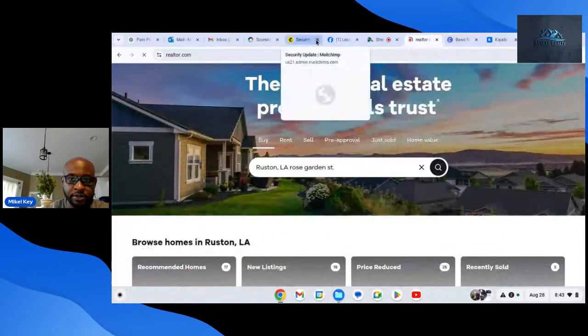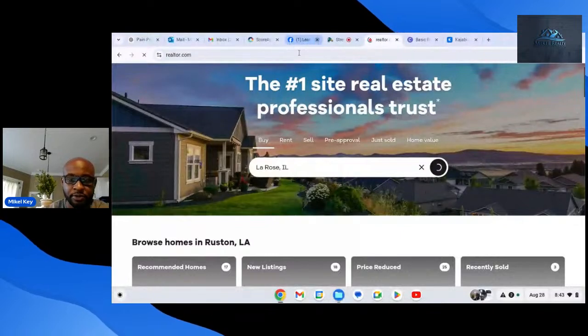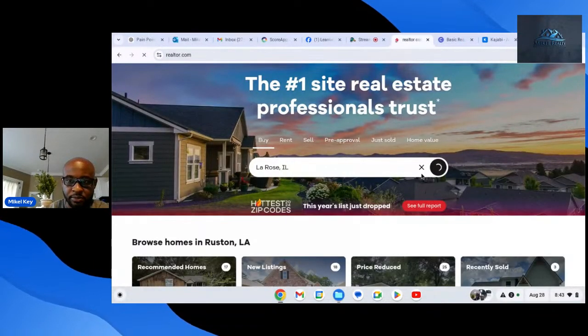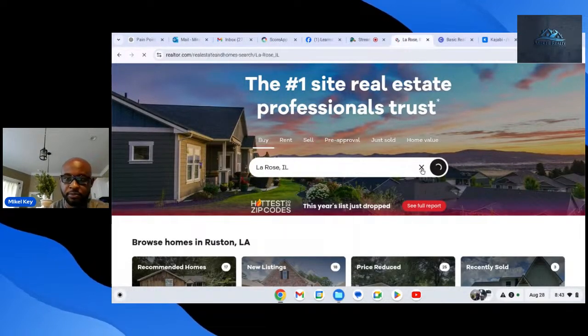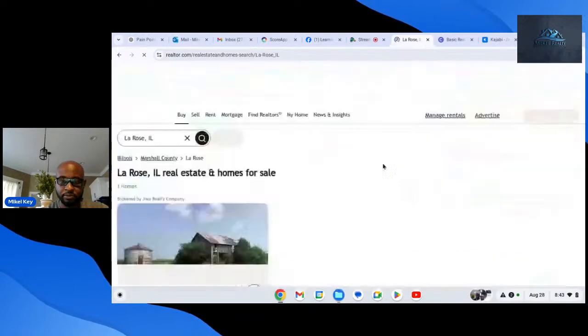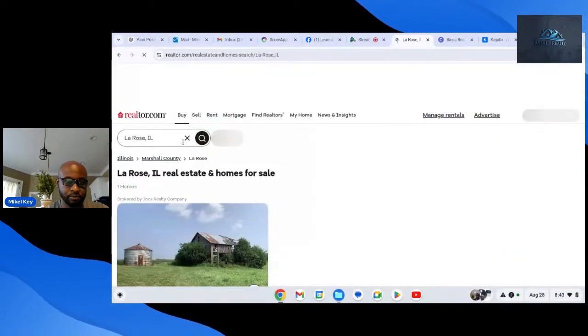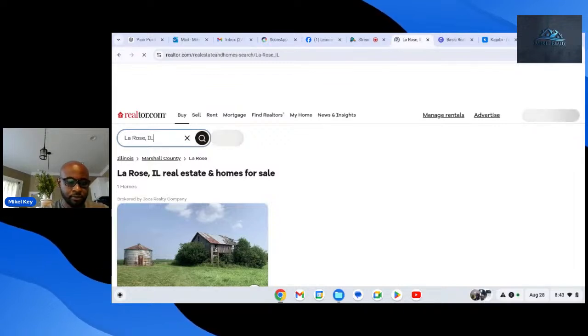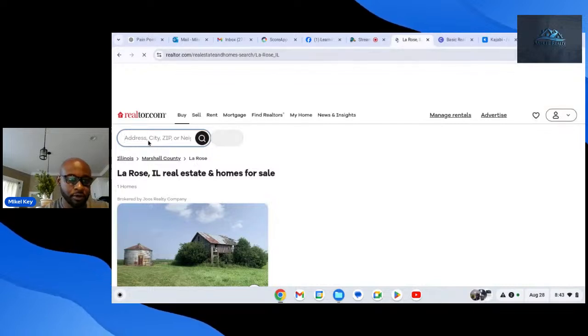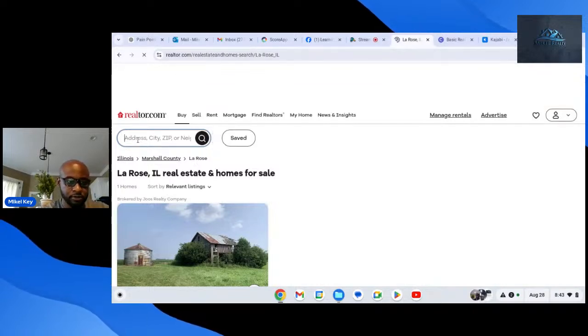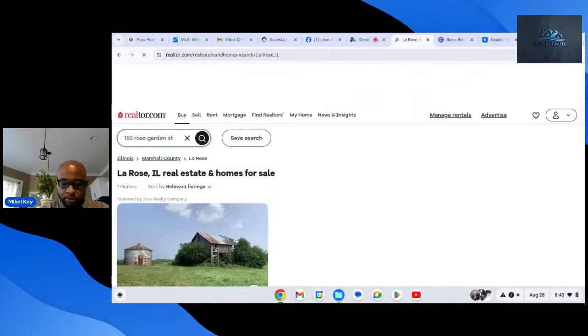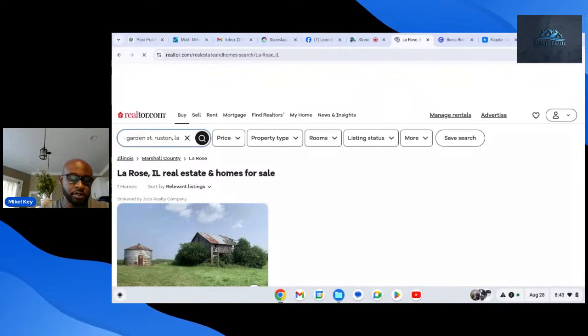We're going to make this extremely simple. Okay, that's not what we want. Let's go to, hold up. I'll pick an address, 53 Rose Garden Street, Ruston, Louisiana.